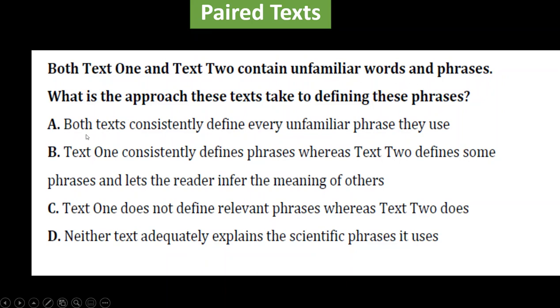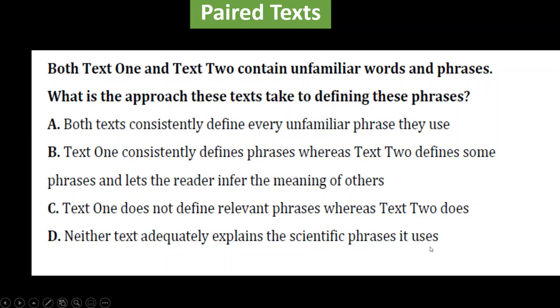For example, we can say that both texts consistently define every unfamiliar phrase they use, which could be true, or text 1 consistently defines phrases, whereas text 2 defines some phrases and lets the reader infer the meaning of others, or text 1 does not define relevant phrases, whereas text 2 does, or neither text adequately explains the scientific phrases it uses.